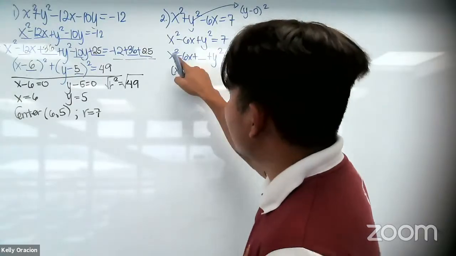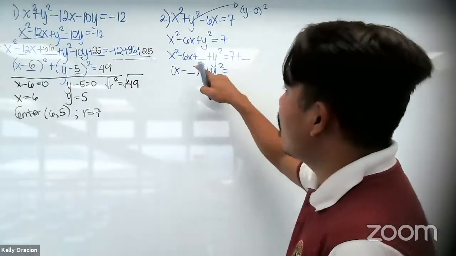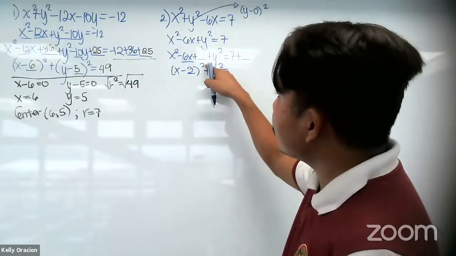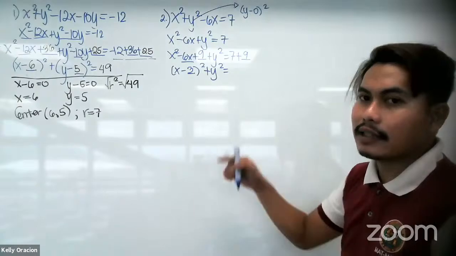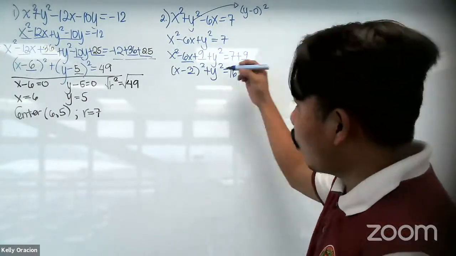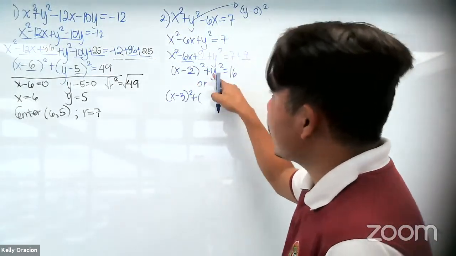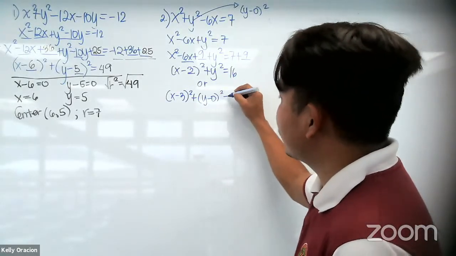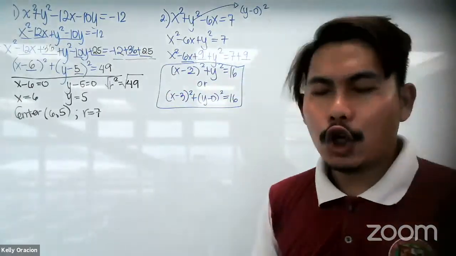So, x minus blank squared plus y squared. What is the half of 6? The answer is 3. 3 squared is 9. So, 9 din dito. And 7 plus 9, it's 16. Or, x minus 3 squared plus y minus 0 squared is equal to 16. It's either sa kanilang dalawa yung sagot.